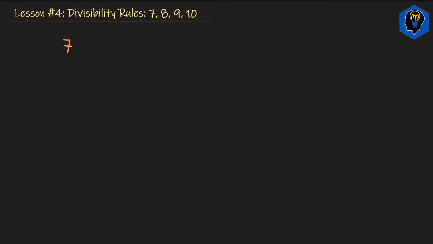If a number is divisible by 7, the rule is you double the last digit. After doubling the last digit, multiply nyo lang by 2, then you subtract from the remaining digits.